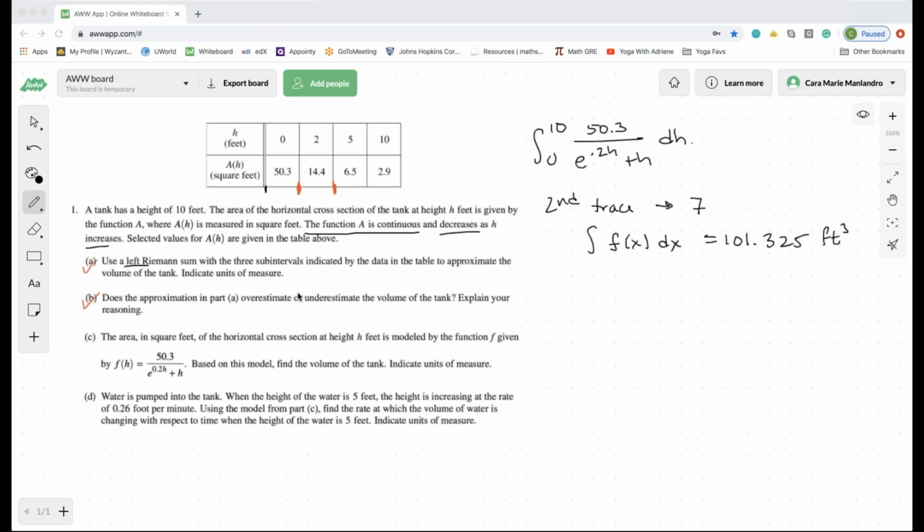So you are not expected to do that. If we're trying to find volume, why are we integrating the area? Okay, the area here. So what is a volume?